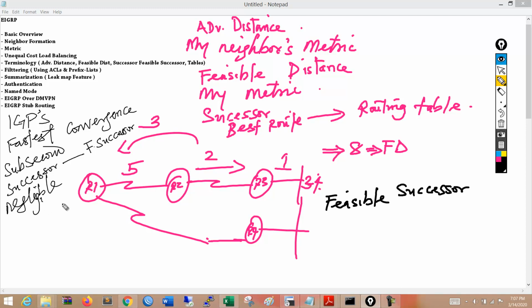For EIGRP to consider a route to become a feasible successor, that is a route that is a candidate for being moved to, where EIGRP was forwarding via the successor route and all of a sudden loses it and changes in a split-second convergence to the feasible successor, a clause has to be met, and that is what is called the EIGRP feasibility condition.